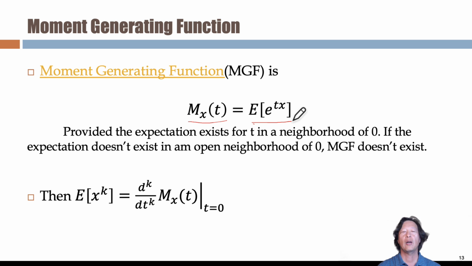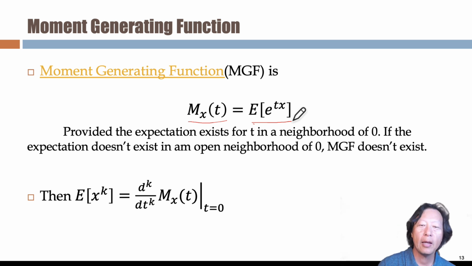So you have to have an expectation with t very close to 0. If it doesn't exist, then the moment generating function doesn't exist either.